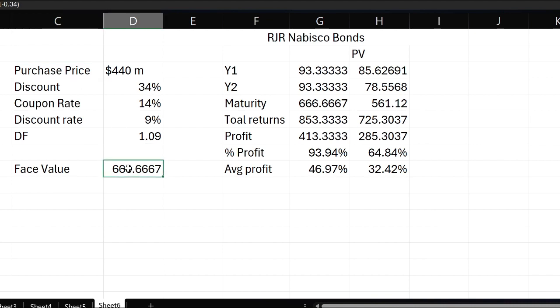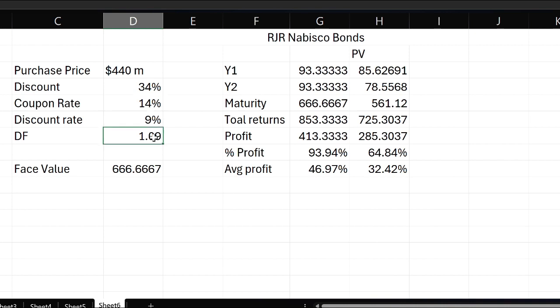So the face value is calculated as 440 divided by 1, which is 100%, minus, since he has taken it at a discount of 34 percent, 0.34. This will give you the actual face value of this particular bond. And the coupon rate is 14 percent. This is what he will be getting as interest.